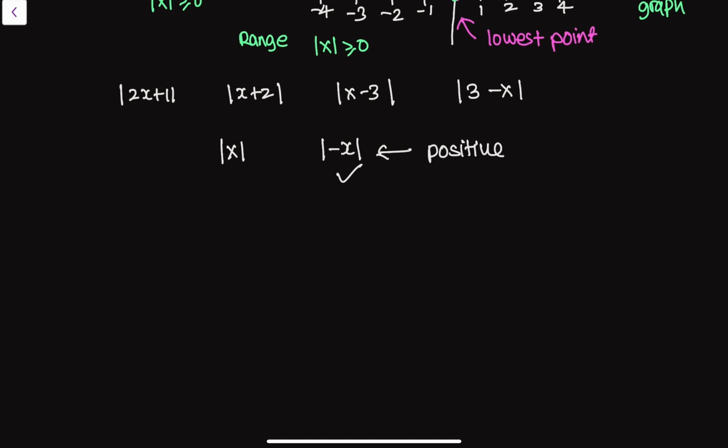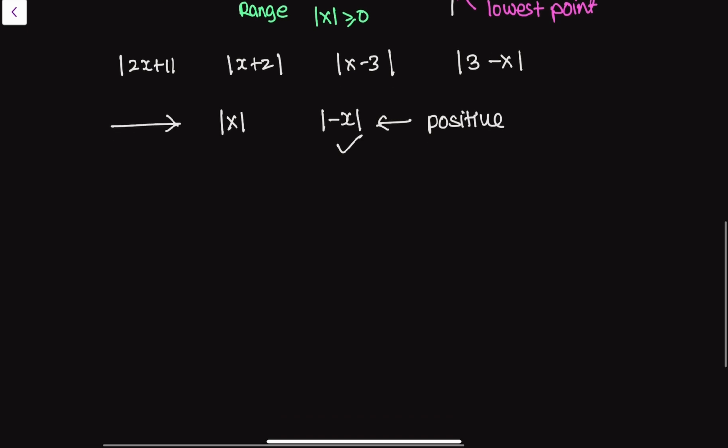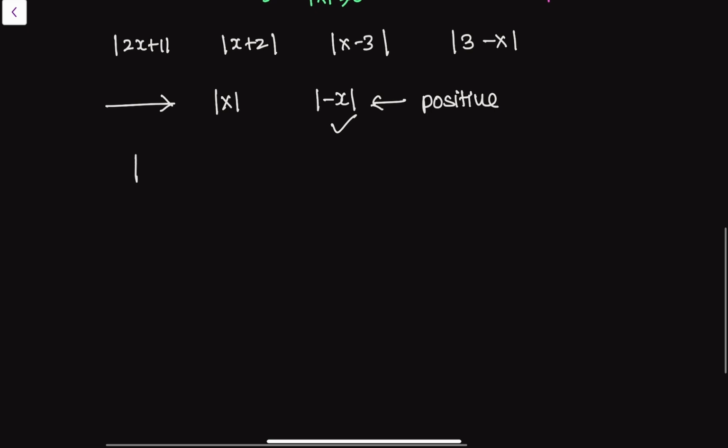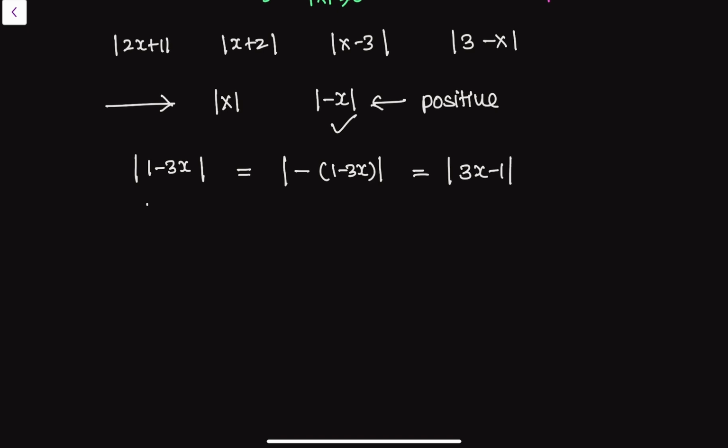Similarly, mod of 1 minus 3x is the same as mod of minus of 1 minus 3x, so you can write this as 3x minus 1. Okay, so in modulus function, mod of a minus b is equal to mod of b minus a.